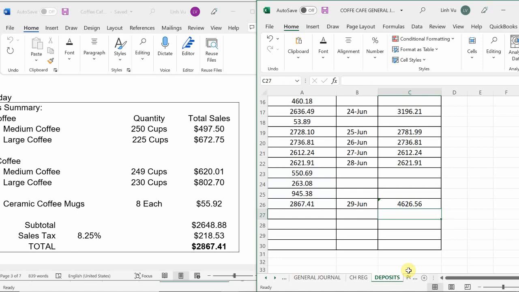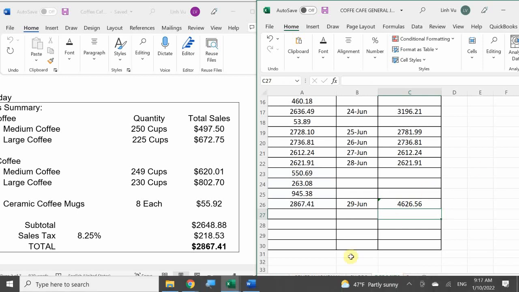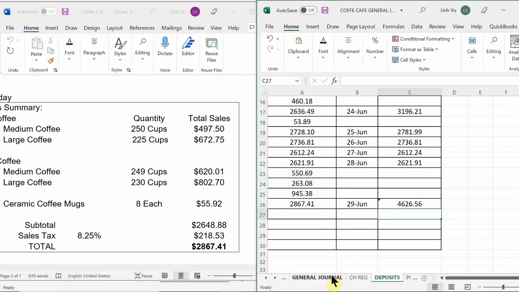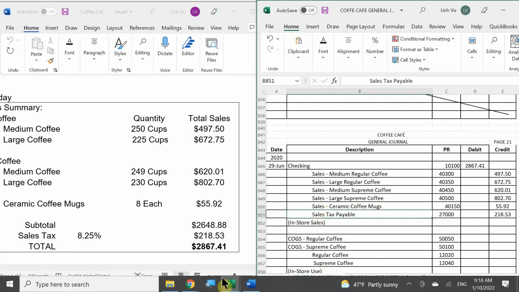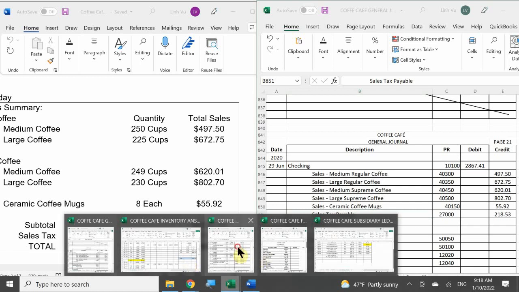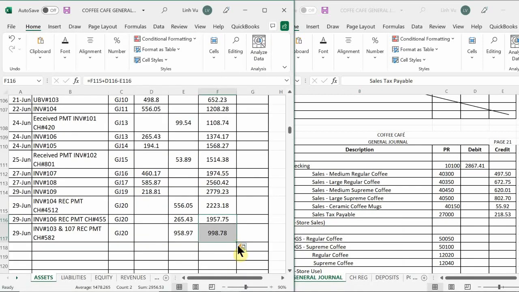Okay, so $4,626.56 is what we deposited. So let's go ahead and update our ledger accounts, starting with checking.